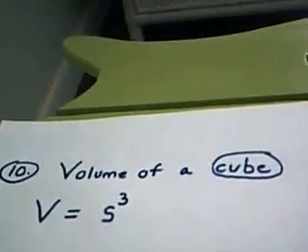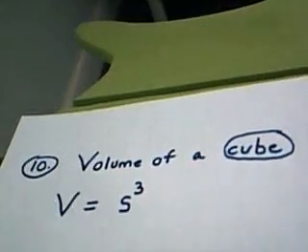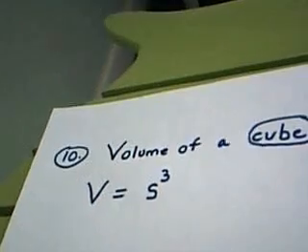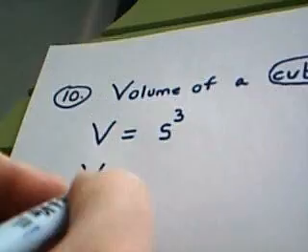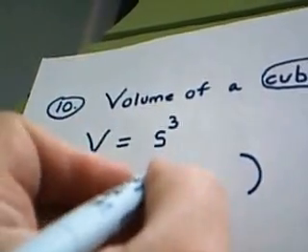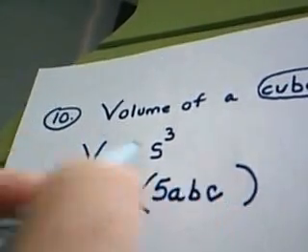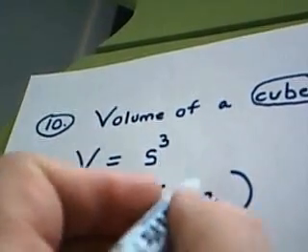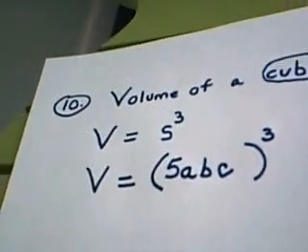Now in this particular problem, what we're being asked to do is find the volume of a cube whose side length is 5ABC. So in this particular problem, to find the volume of that specific cube, the length of one of the sides is 5ABC, and this entire length, which represents one side, is being raised to the third power to find the volume.